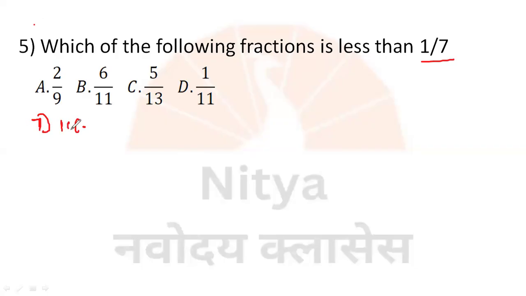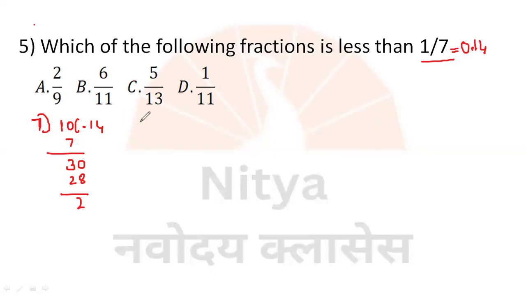Take a point and 0, and 7 ones are 7. 10 minus 7 is 3. Again take a 0 and 7 fours are 28. So 30 minus 28 is 2. Okay, so 0.14, that is 1 by 7's value when we convert the fraction into a decimal number. Now you have to check the options.